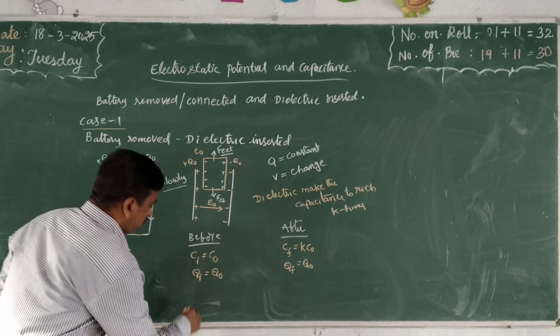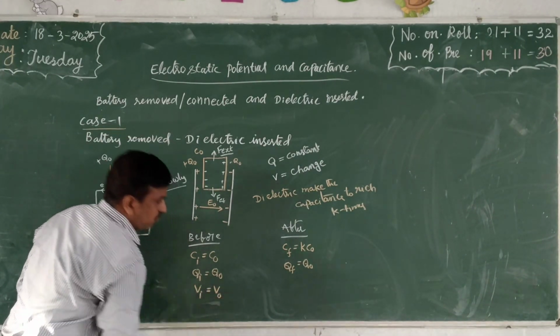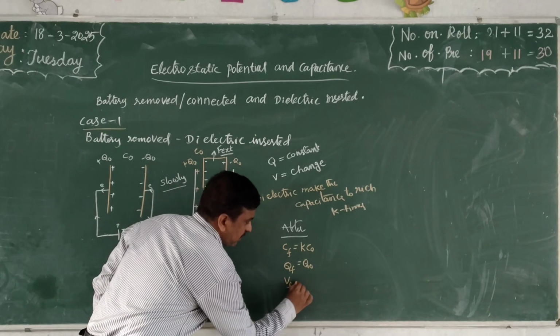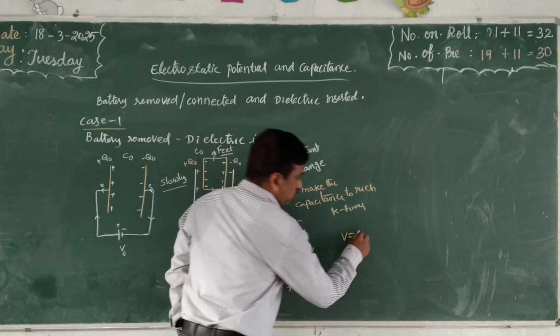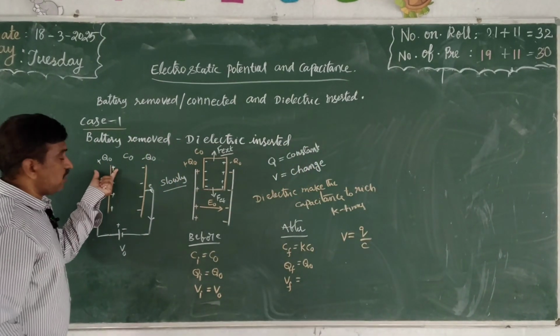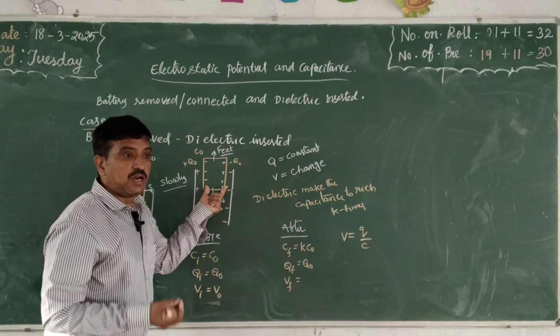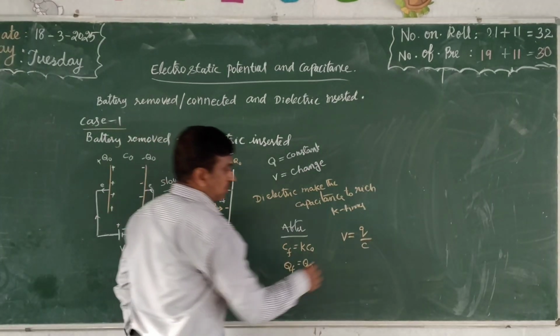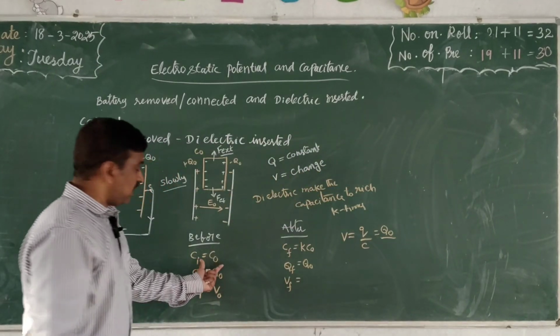What about the potential? The initial potential is V naught. What is the final potential? We can write potential as charge by capacitance. The charge is Q naught, and the capacitance after inserting the dielectric is K C naught.